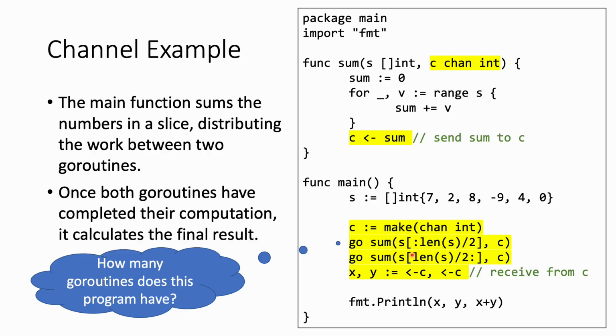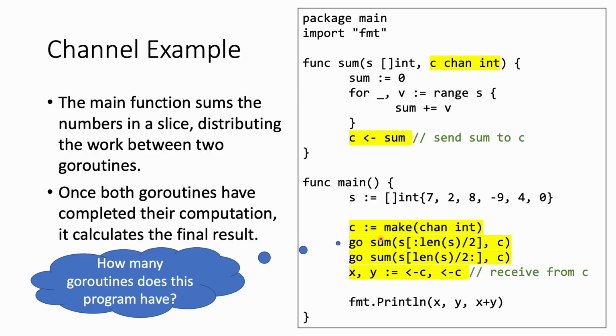Both calls to function sum share the same channel c, which is created by the make function. So the sum of each half of slice s will be sent to the channel c.